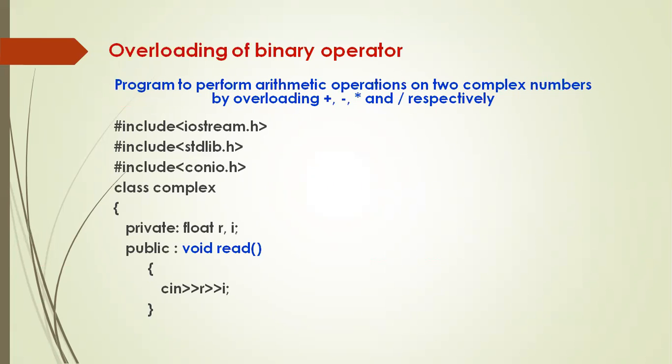Let us take the program to perform arithmetic operations on two complex numbers by overloading plus, minus, star, and slash respectively. I will overload plus to add two complex numbers, minus to find the difference, star to multiply, and slash to divide.